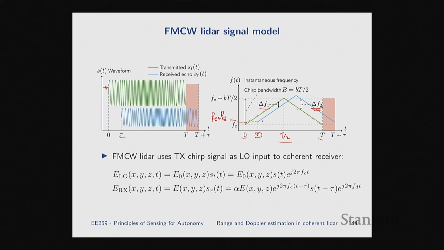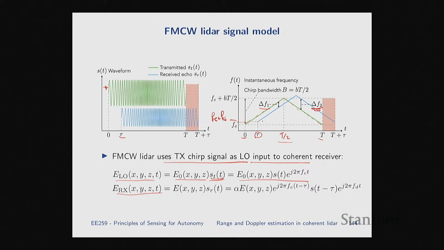So just how the FMCW LiDAR uses these signals. It feeds the transmitted chirp signal as the LO input, or the local oscillator input, to the coherent receiver. The coherent receiver, remember, has two inputs. The LO input is basically the field amplitude times the transmitted chirp, given by this.